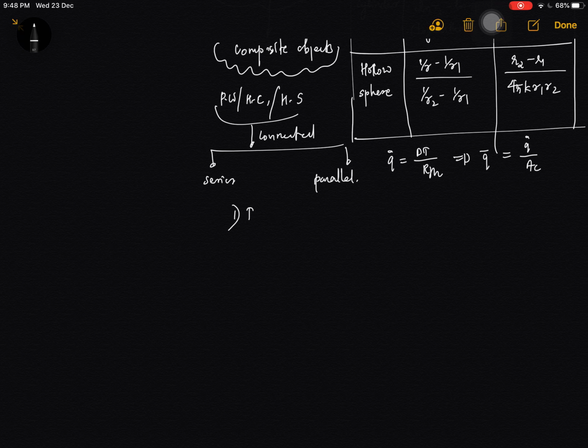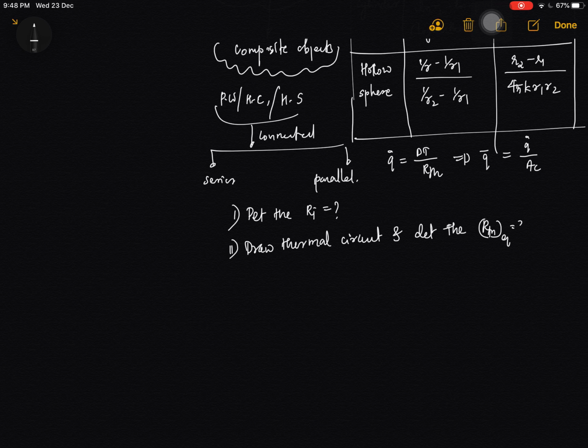The first step is to determine the resistance of individual elements, and the second step was to draw the thermal circuit and determine the equivalent thermal resistance.